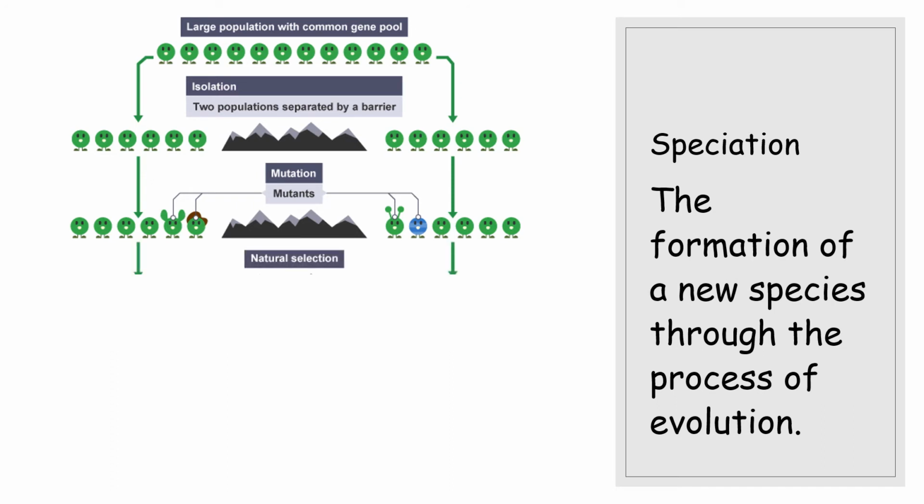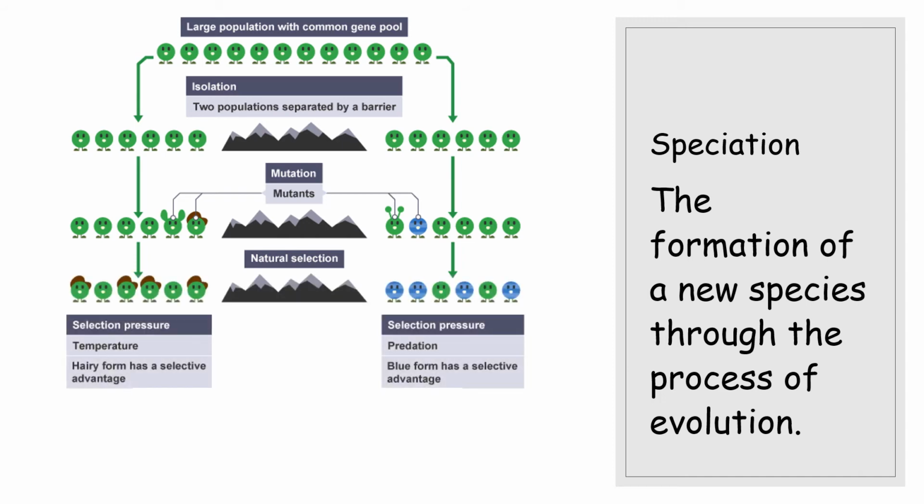We then get the process of natural selection on either side of the mountain range, but these things are happening separately. So what we might find is that the temperature on the left hand side gets quite cold, and therefore the pea bodies with the hairy bodies have a selective advantage. So obviously they can be kept warm by that mutation of getting extra hair on their bodies.